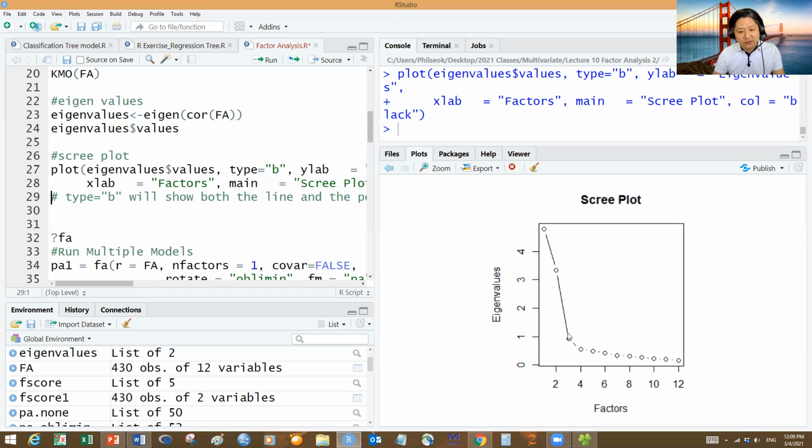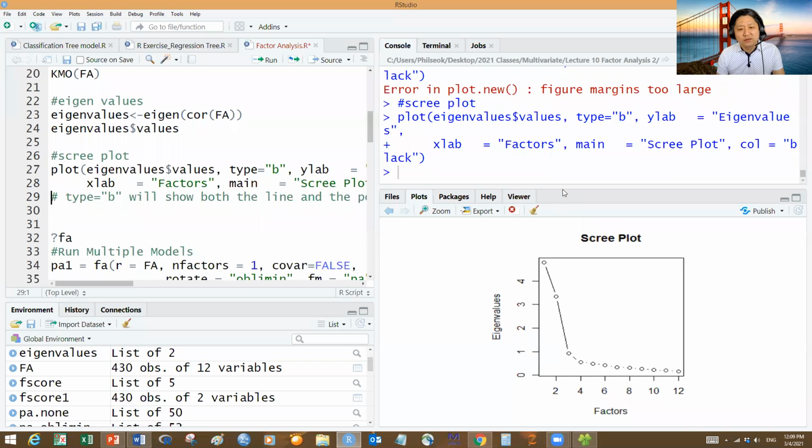This is our elbow point. So are we going to select three factors? Maybe. The third factor has a pretty low eigenvalue, less than 1. Our rule of thumb is an eigenvalue over 1. If the eigenvalue is less than 1, that's not a good sign.